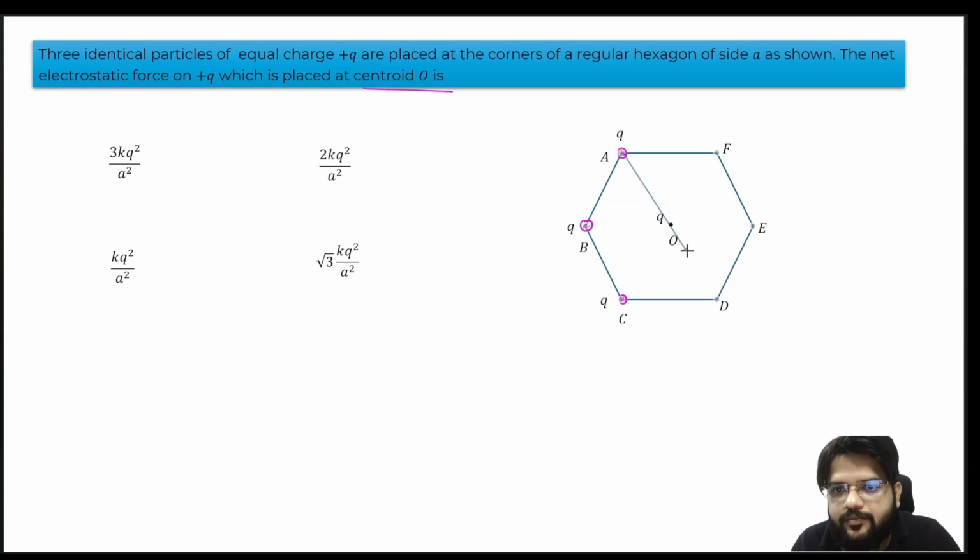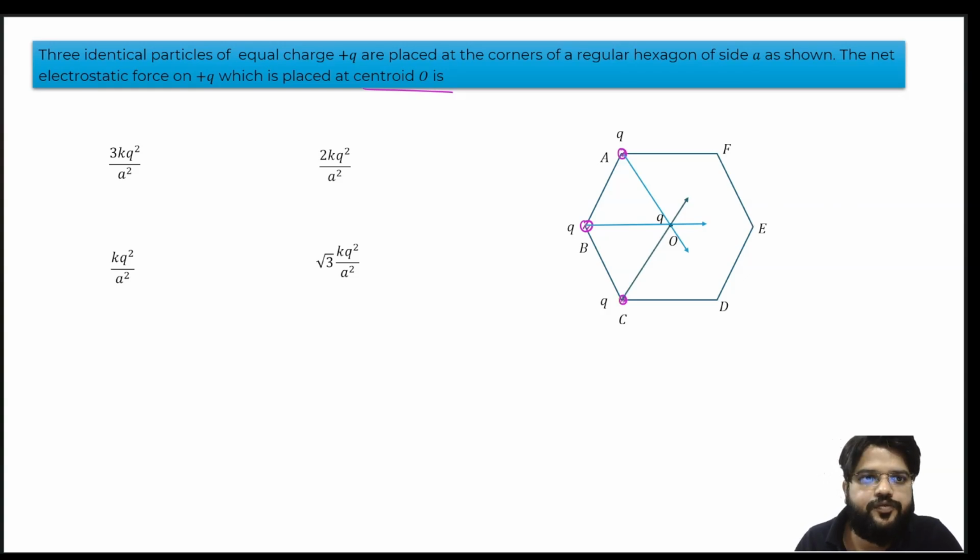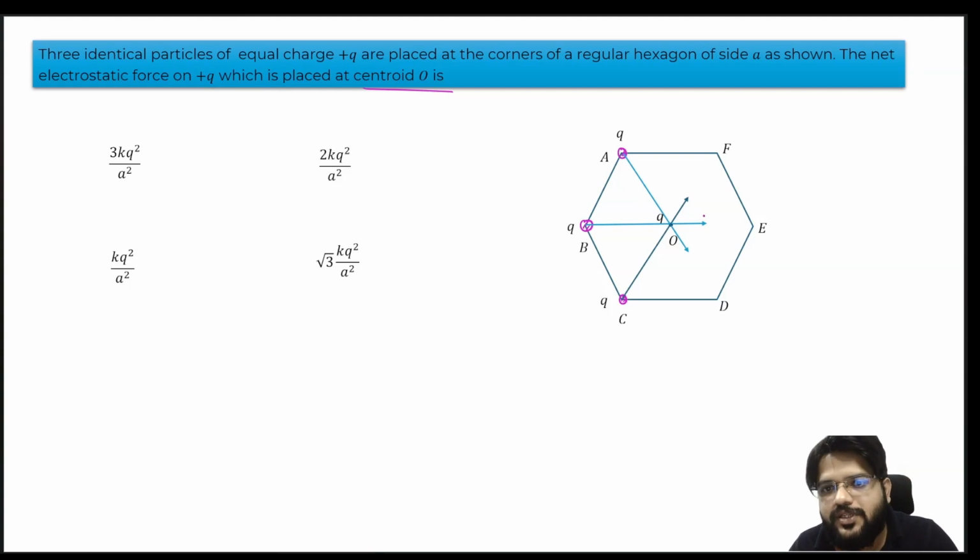FOA, then FOB, and then FOC. So first of all we are writing the individual forces FOB, FOC and FOA.